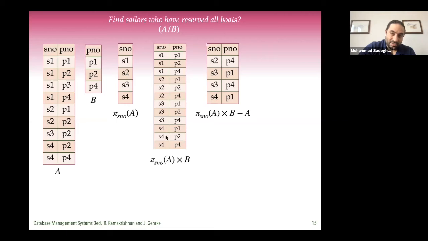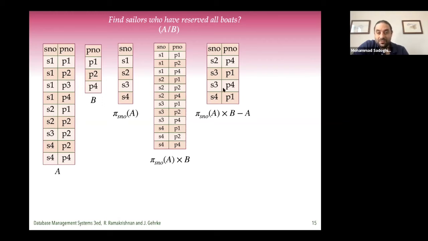This was all possible reservations, this was the actual reservation, and this is the list of what wasn't reserved by each sailor. So what would be our next step? We started with the actual reservation, and we found all possible reservations.